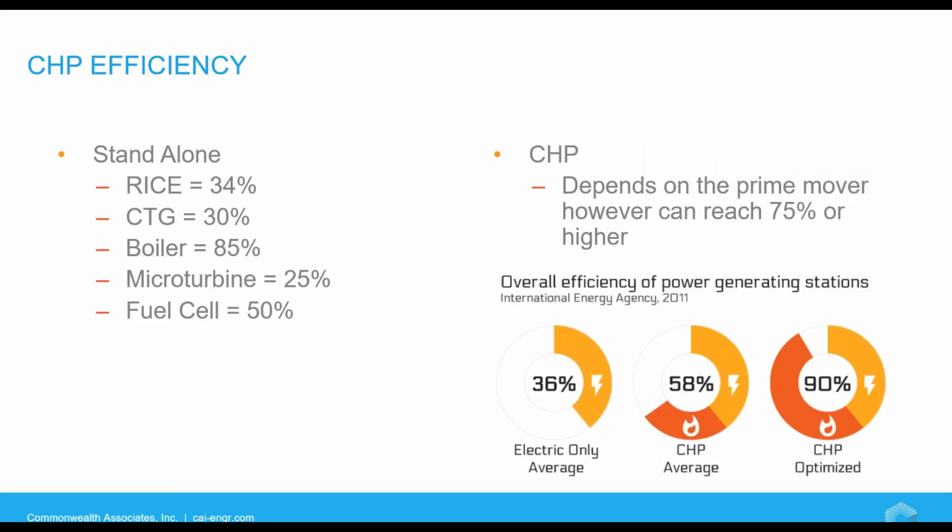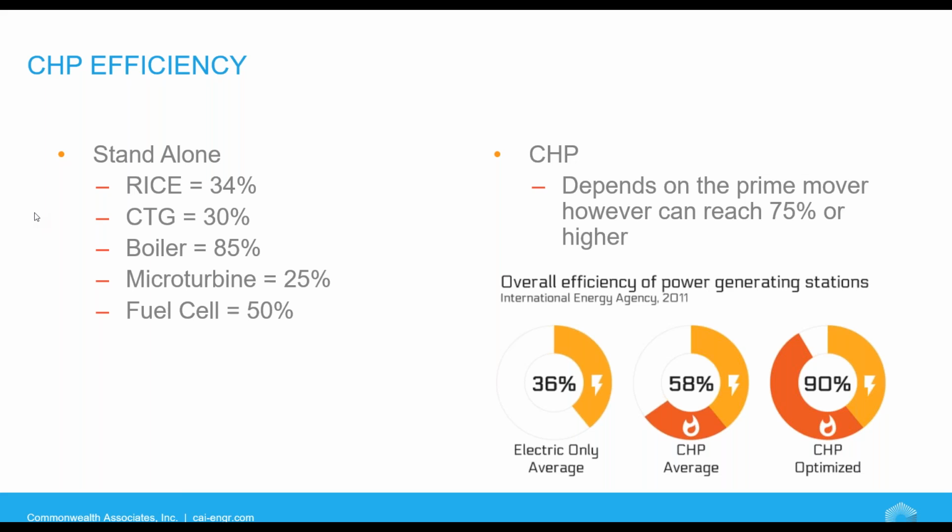So to talk about CHP efficiency, one driver for CHP is the efficiency gain compared to just the basic technology that can be used. Did you know that over 60% of the energy used by the older electricity generating stations is lost in the form of heat exhausted to the atmosphere?